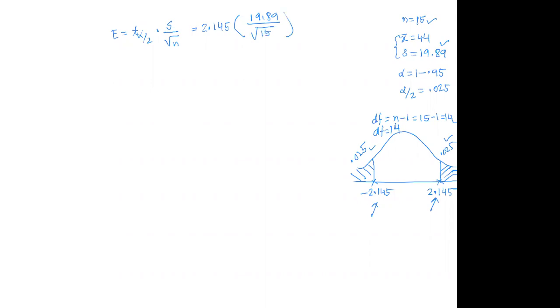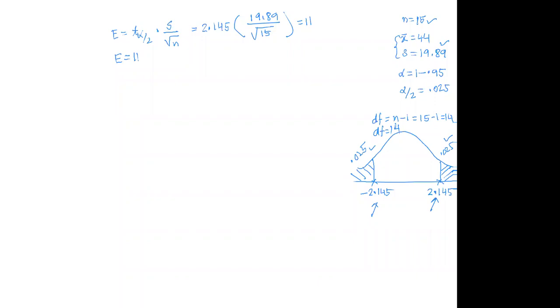Now, if I do this calculation, 19.89 times 2.145 divided by square root of 15, that gives me approximately 11. So margin of error is 11.